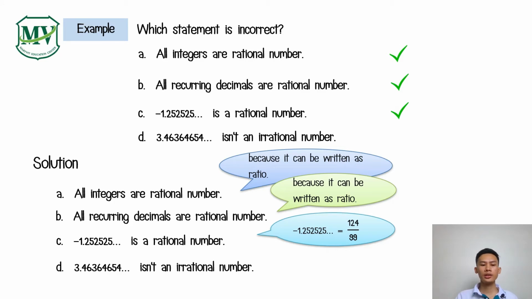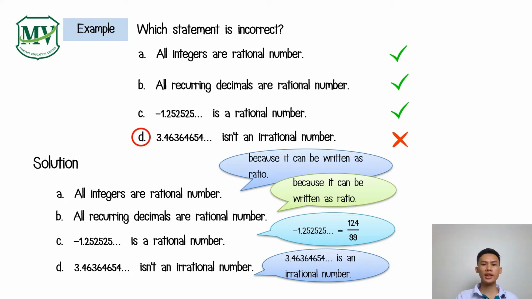In letter D, 3.46364654... isn't an irrational number is incorrect, because 3.46364654... is an irrational number. Therefore, the answer is letter D.